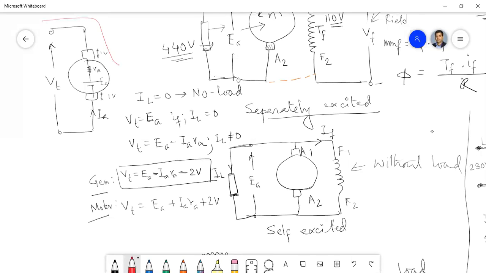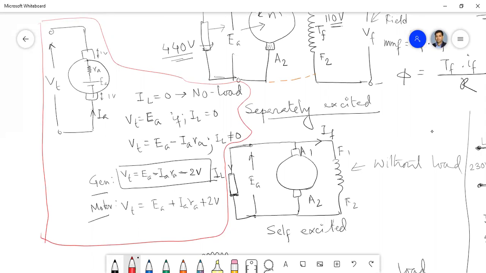Circle it like this. Any other question you have, you can ask me, because we've already completed the time. Any question?